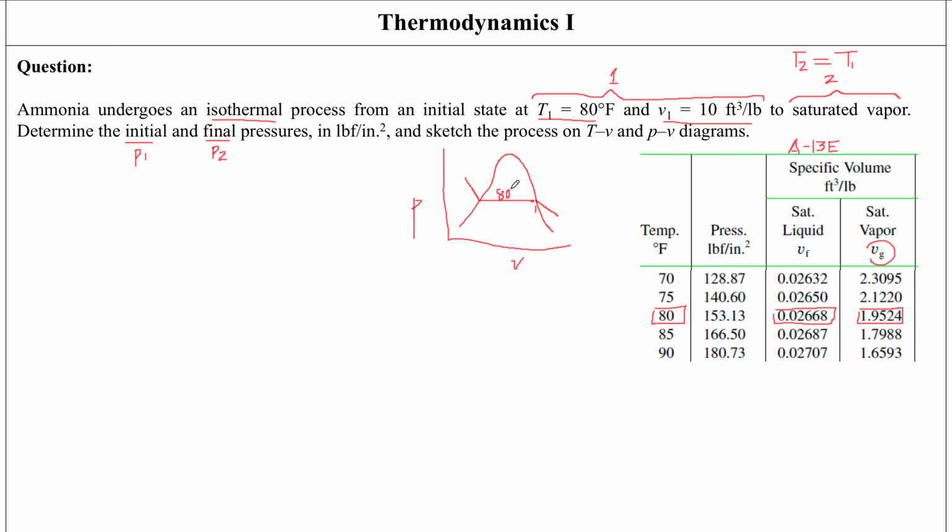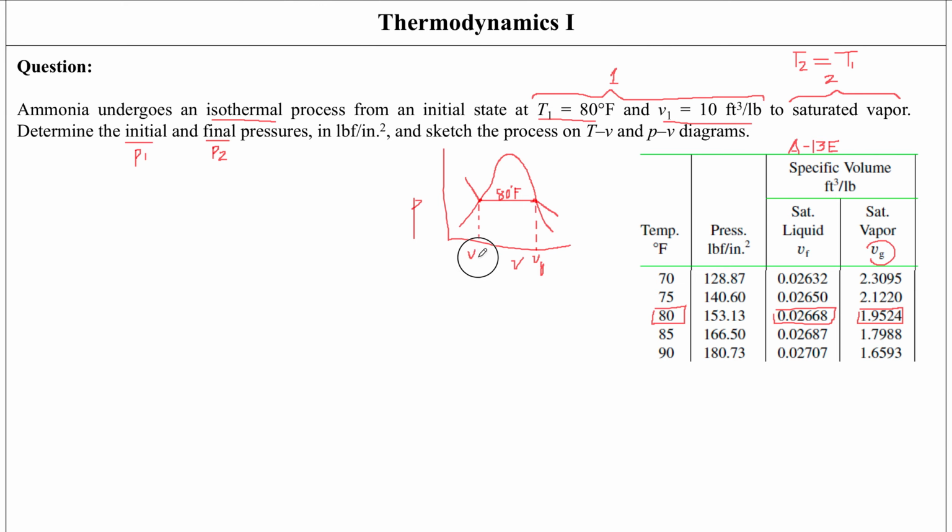So at 80 degrees, you will have a certain point at which you will have the saturated vapor state. Okay, at this point, you've got your ammonia completely in the form of a vapor, and this represents Vg. Over here, at this end, you've got ammonia in the form of a liquid, completely liquid.